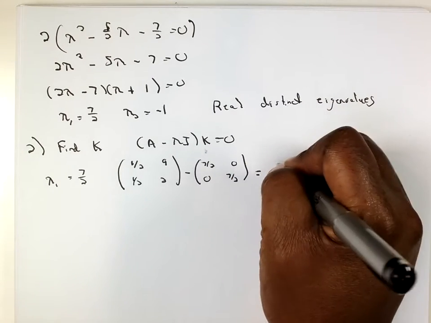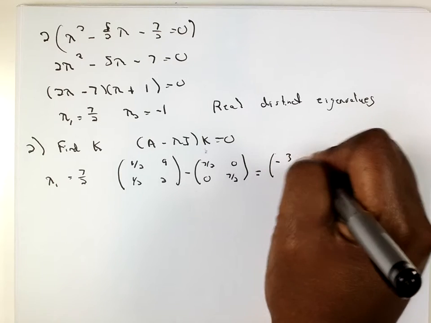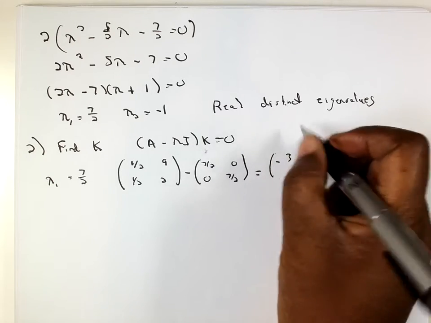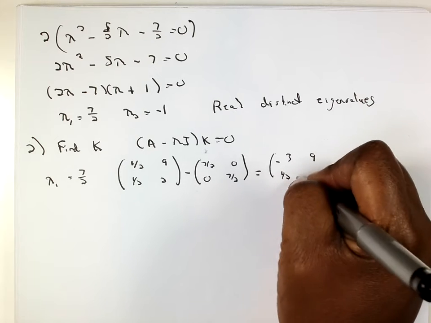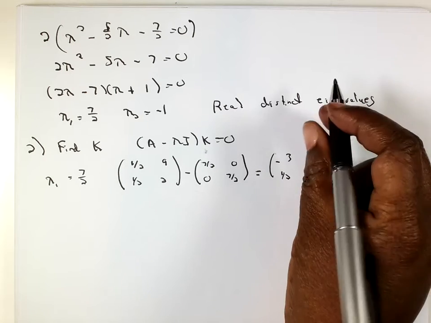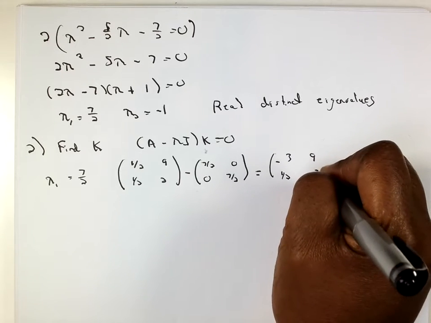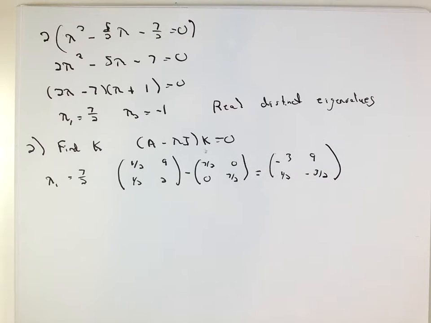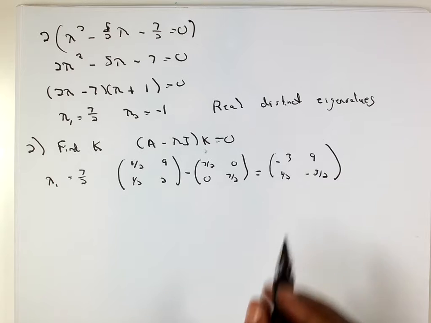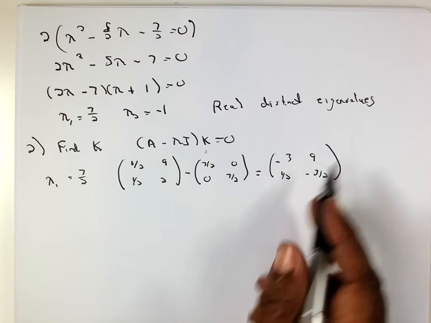And when I subtract them, I get negative 3, 9, and then 1/2, 2 minus 7/2, negative 3/2.